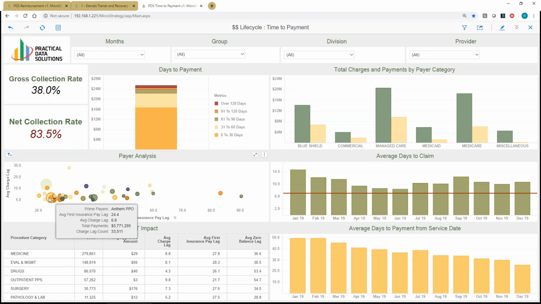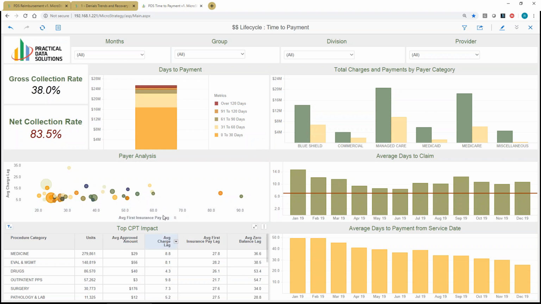That indicates I'm getting the charge out of the door quickly and my payer is paying me quickly. Now we've got what I would look at as an outlier here. Medicare is paying us pretty quickly, 22 days. Well, it's taking me 18 days to get the charge out the door. So if we can cut that down by a few days, that's going to impact our cash in the door in a positive way.